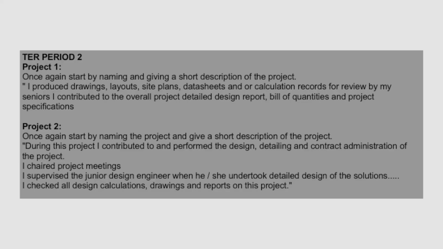I chaired project meetings. I supervised the junior design engineer when he or she undertook detailed design of the solutions, etc. I checked all design calculations, drawings, and reports on this project. Project number 2 taken care of during period number 2.